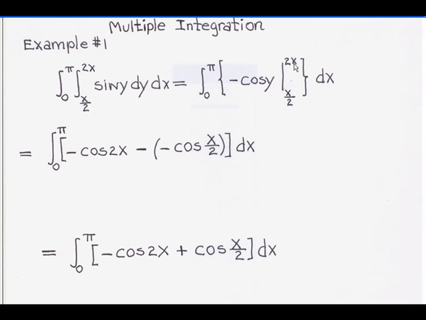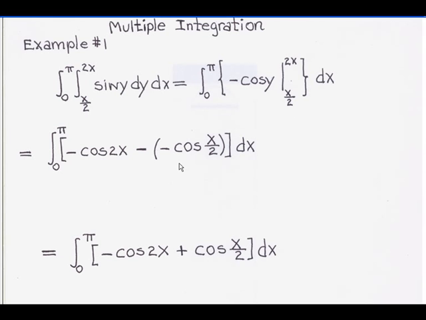So we do our substitutions. We now have the integral as we go from 0 to pi of minus the cosine of 2x minus the minus cosine of x divided by 2 dx. So we used that fundamental theorem, f of b minus f of a.